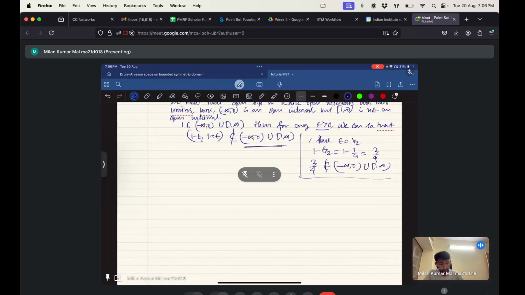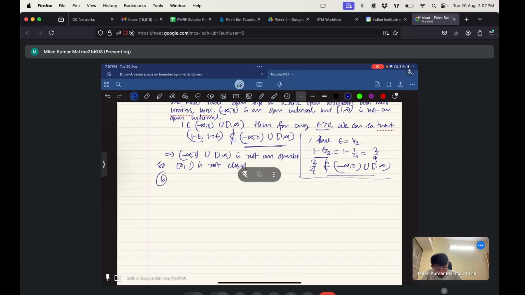For any epsilon we take, I will always find an element that is not in the set. So (minus infinity, 0) union [1, infinity) is not an open set, so [0, 1) is not closed.